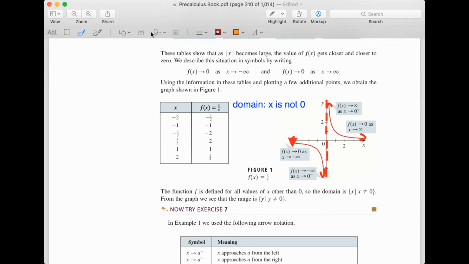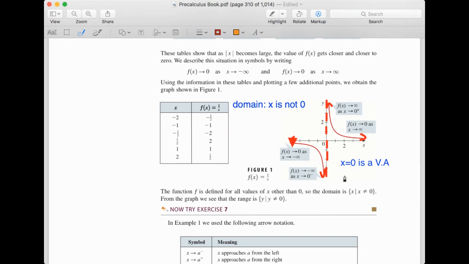So in this case, we see x equals 0 is a vertical asymptote, right? Remember, how do we find a vertical asymptote? We take the denominator and set it to 0. So x equals 0 is a vertical asymptote.